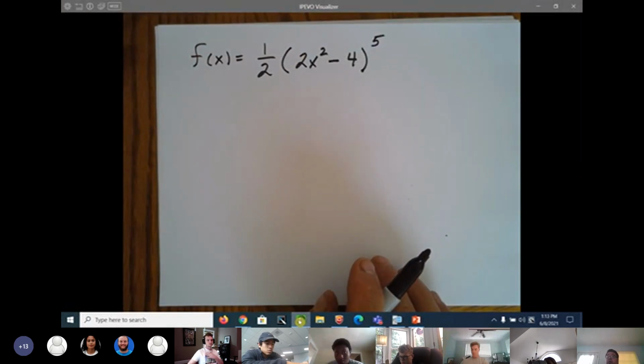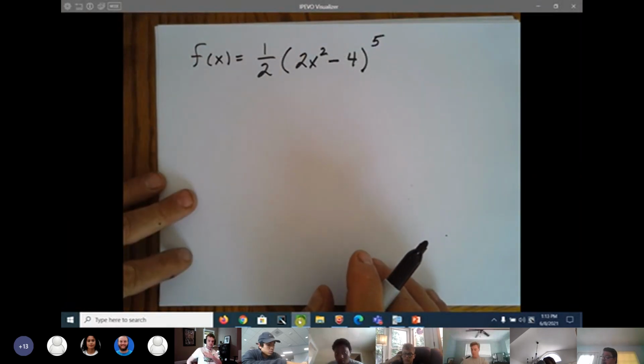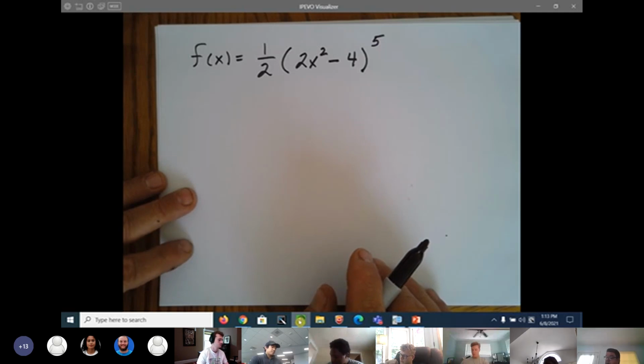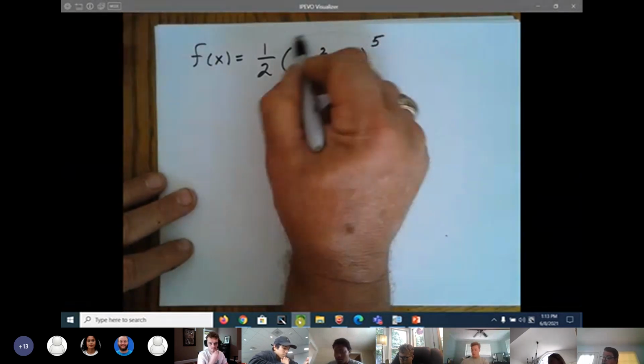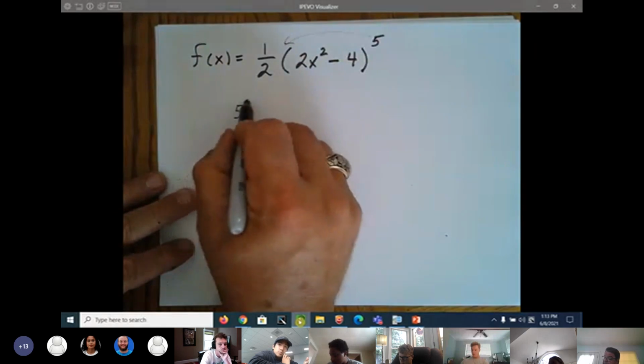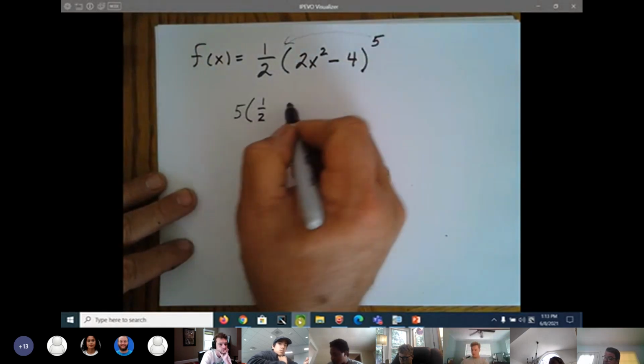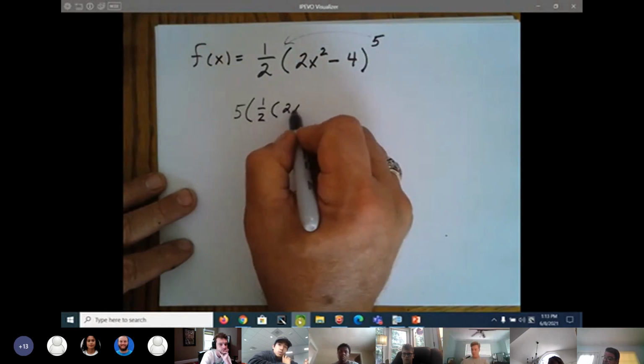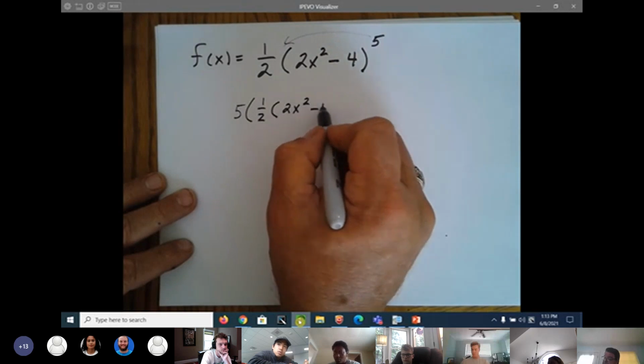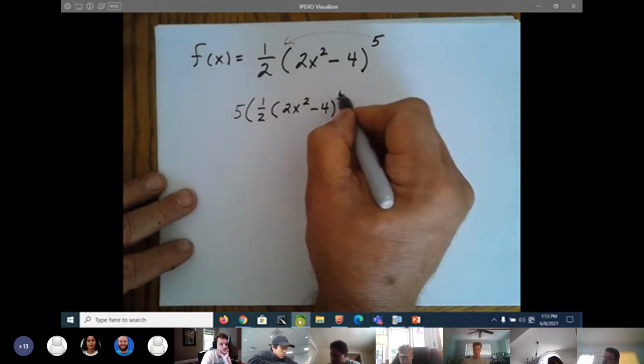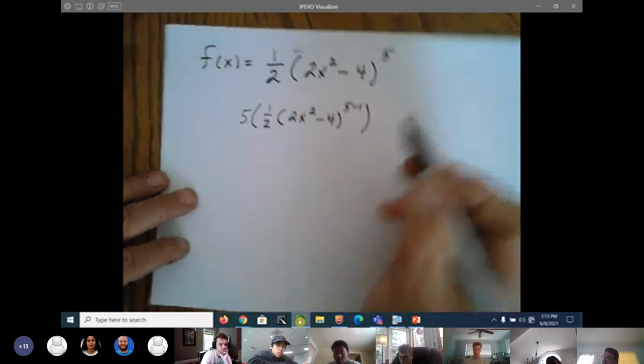Give everybody a second to finish writing it. You're going to use the power rule: 5 times 1/2 times (2x squared minus 4) to the 5 minus 1.